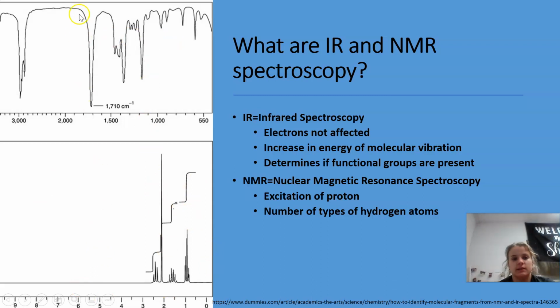The IR shows the peaks, and the long peaks are the ones that are present. I'll get more into that, but these smaller peaks over here aren't present. Any of these wouldn't be considered present because they're small, but these two would be. And over here, wherever the waves are shows where the hydrogen atoms are.